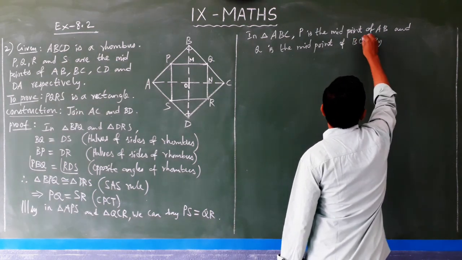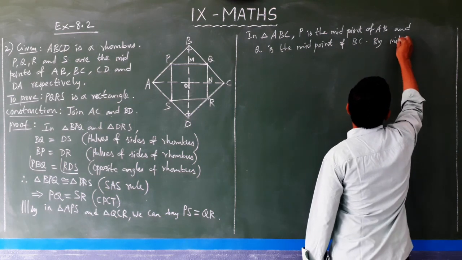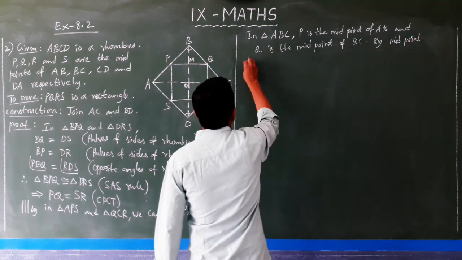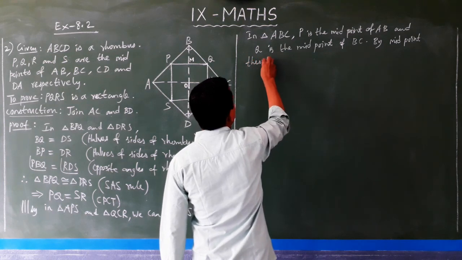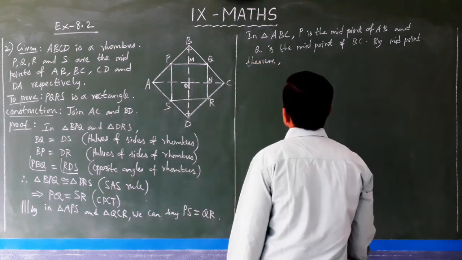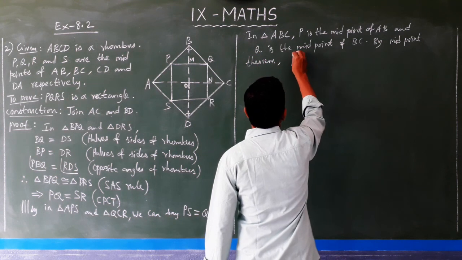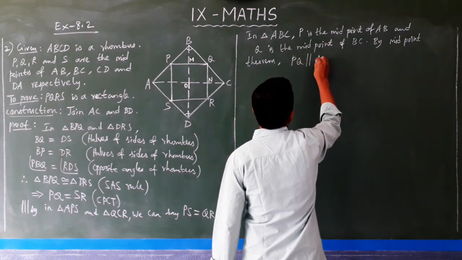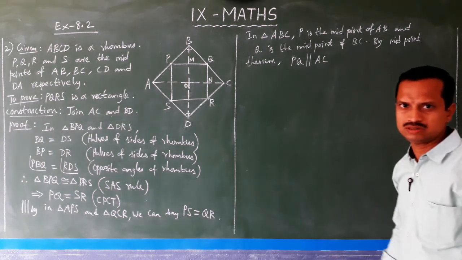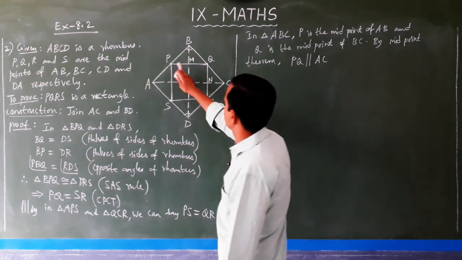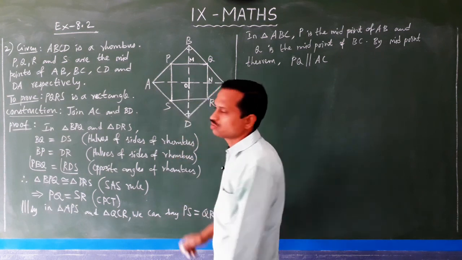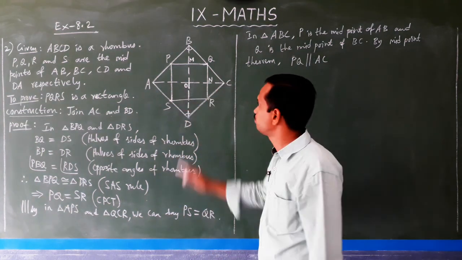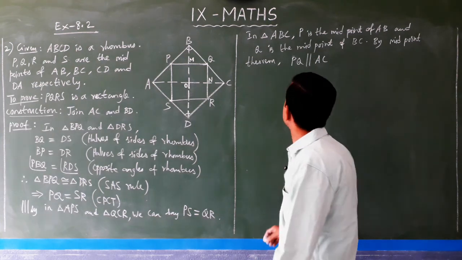By the midpoint theorem, we can say PQ is parallel to AC. Is it clear? The midpoint theorem says that the line segment joining the midpoints of two sides of a triangle is parallel to the third side, that is AC. So PQ is parallel to AC.